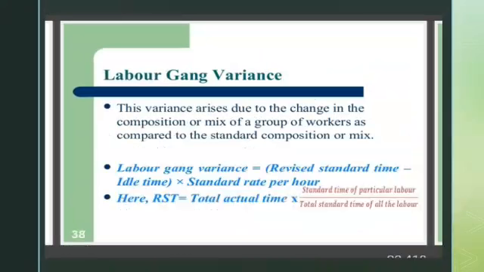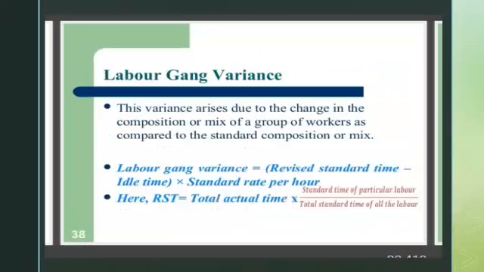Labor gang variance. This is also popularly known as gang composition variance. This is similar to the material mix variance and arises because of a change in the composition of the workforce. This may arise when a skilled laborer is made to do the job normally done by unskilled labor.